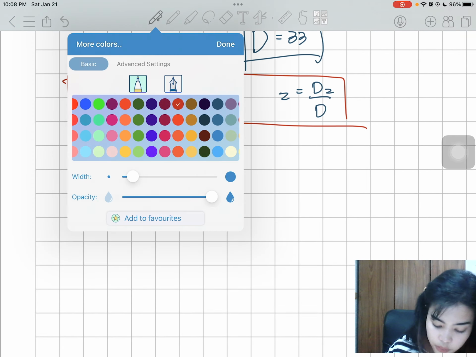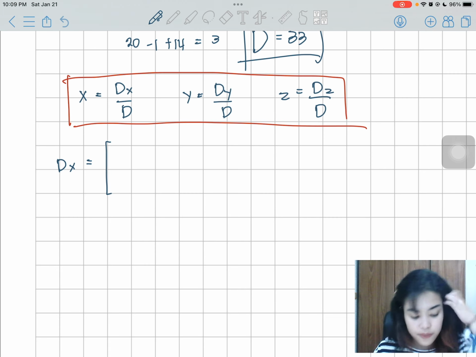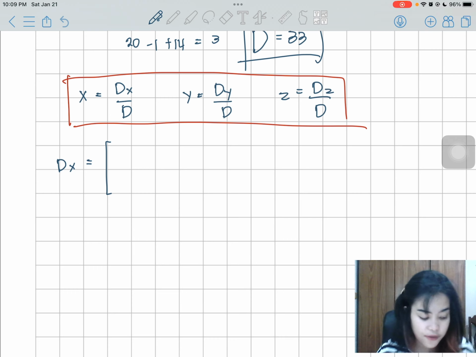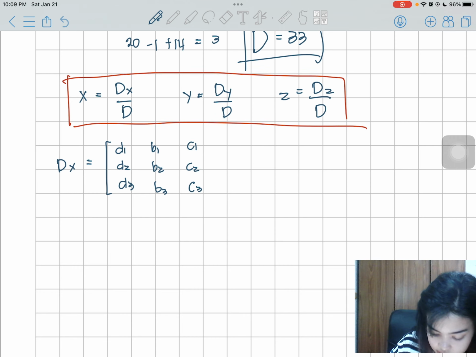So let's start with the first one, Dx. In Dx, we will substitute the x coefficients with d1, d2, and d3 since we are finding Dx. So d1, d2, d3, b1, b2, b3, c1, c2, and c3.